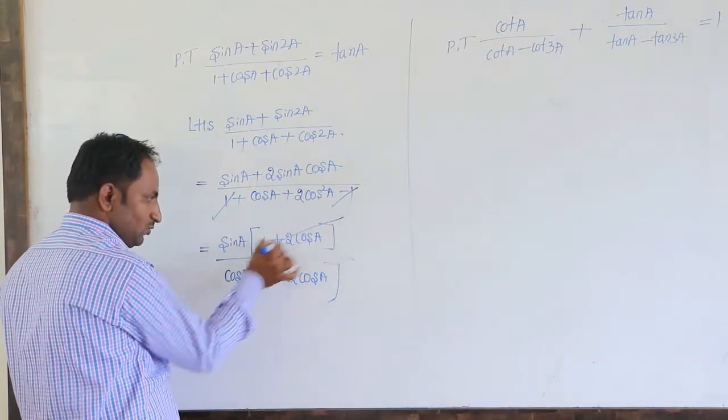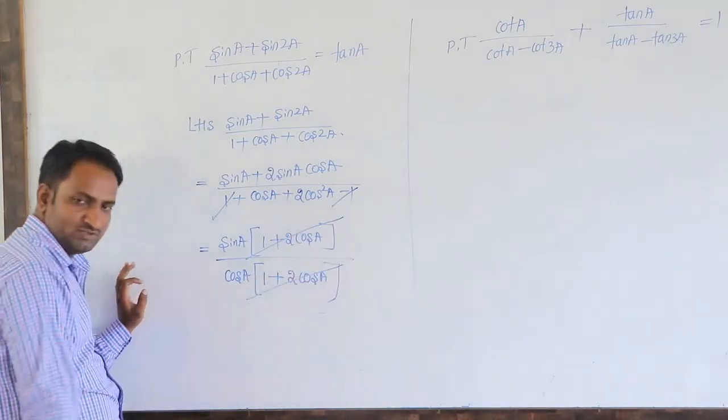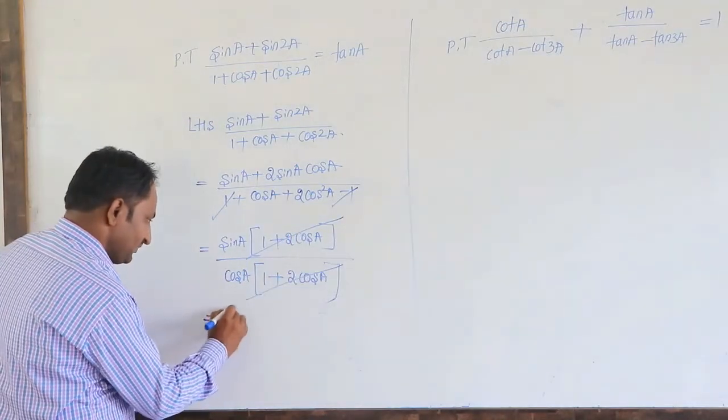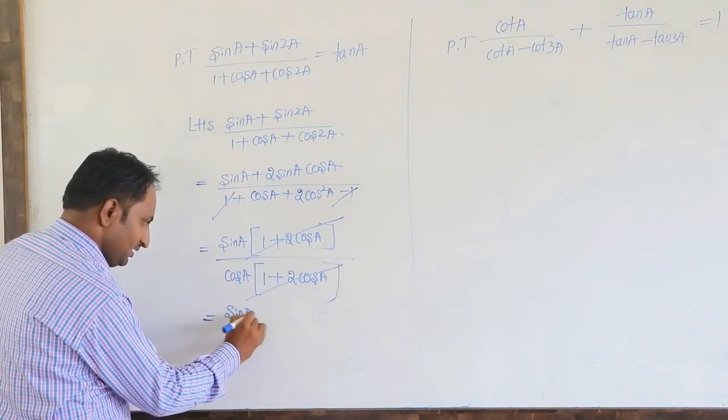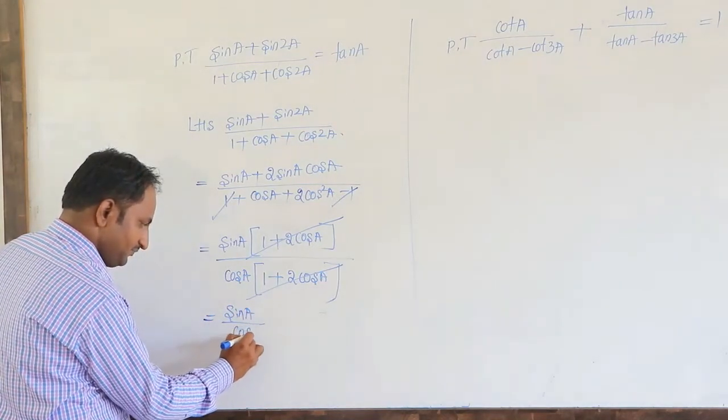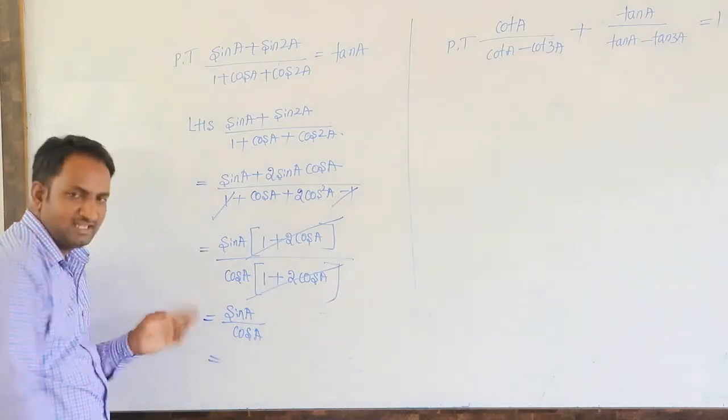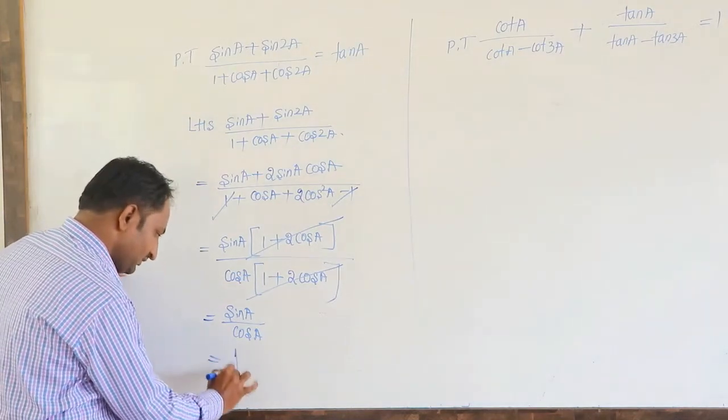Here 1 + 2 cos a and 1 + 2 cos a get cancelled. Remaining sin a divided by cos a. We know that sin a divided by cos a is equal to tan a.